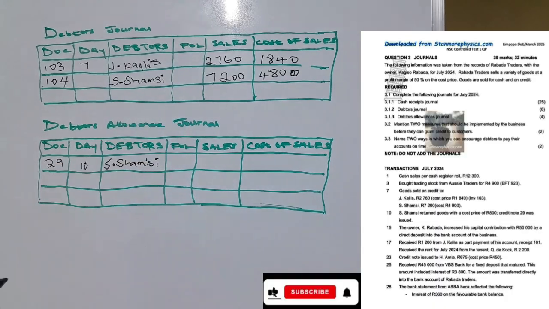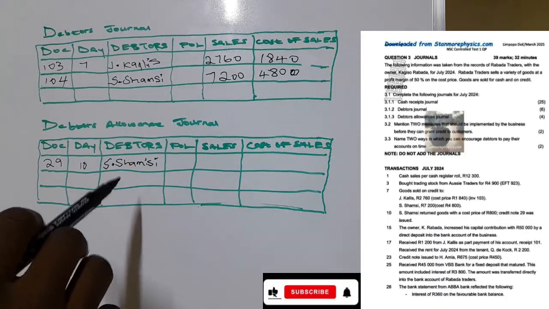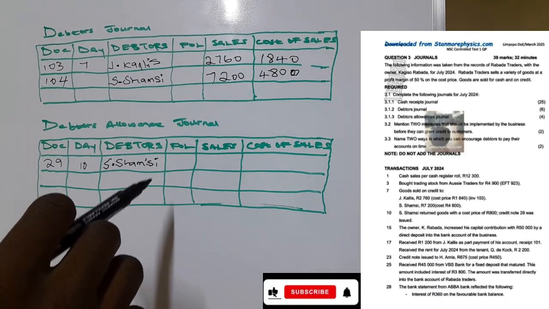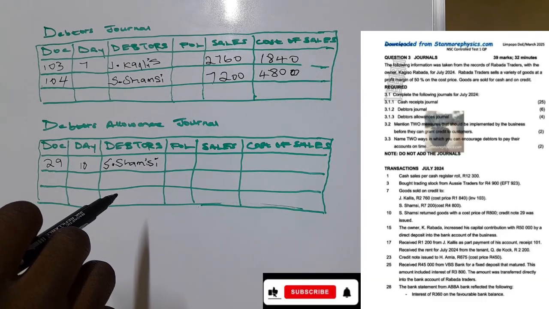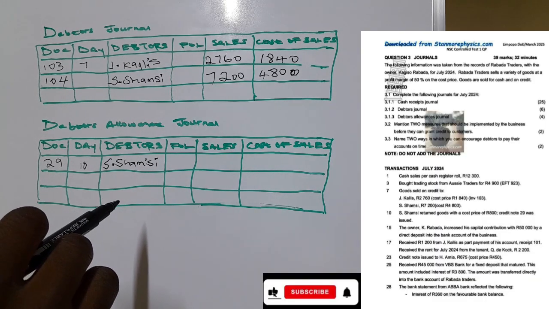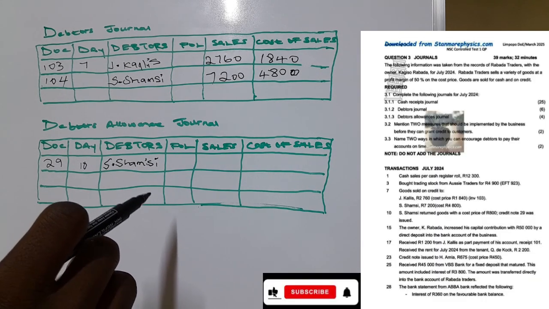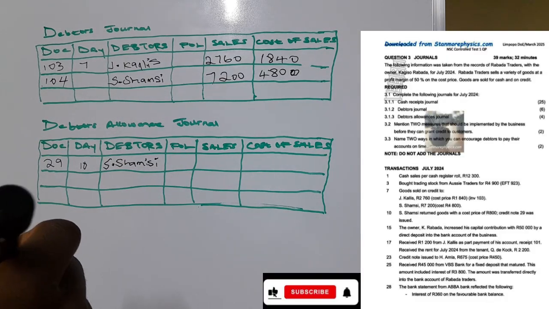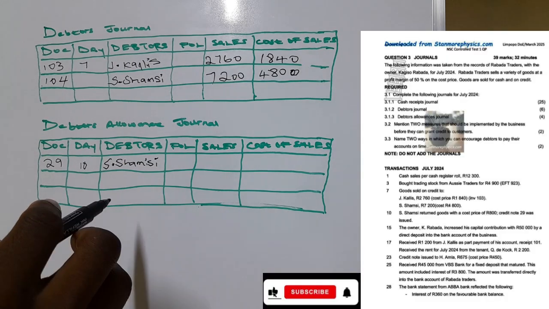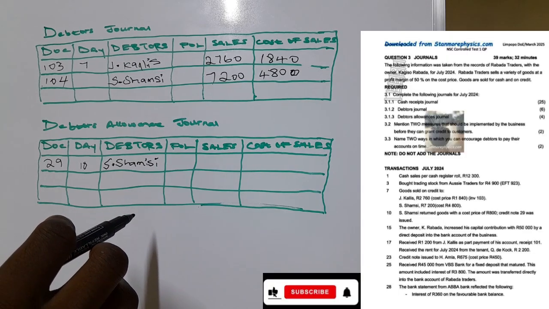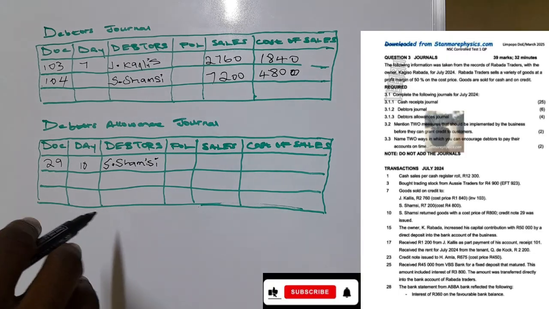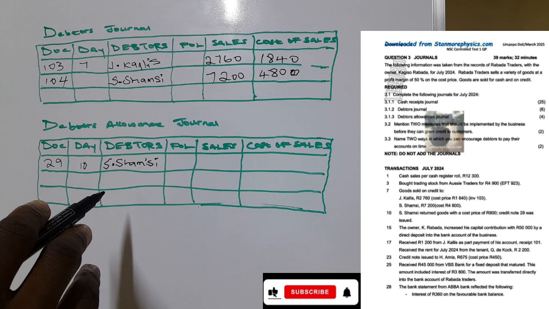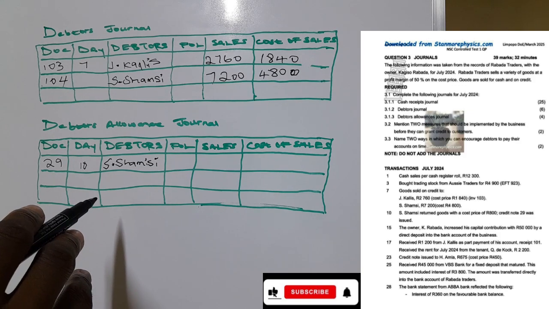So okay guys, the reason we are recording this one under the debtors allowances journal is that whenever they talk about returning, it means the customer was returning those goods back to the business. So whenever they talk about a return or credit note, you have to record that transaction under the debtors allowances journal.